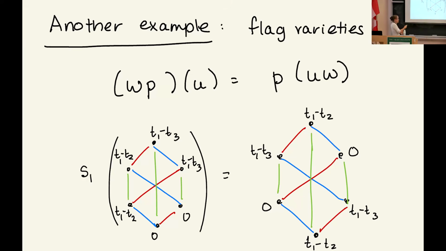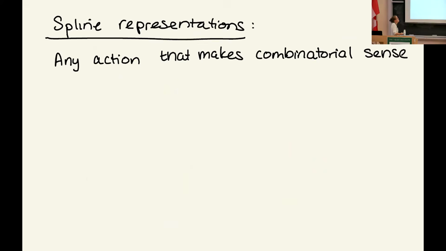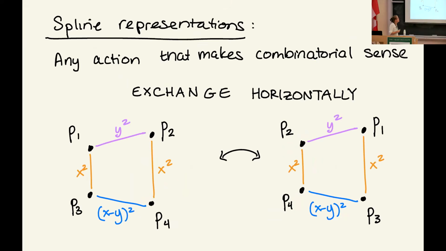So it's still a perfectly good spline representation. Generally, any action that makes combinatorial sense, you can do. Here's something with a significant lack of symmetry, but I can still exchange horizontally and get an S2 action on this collection of splines.